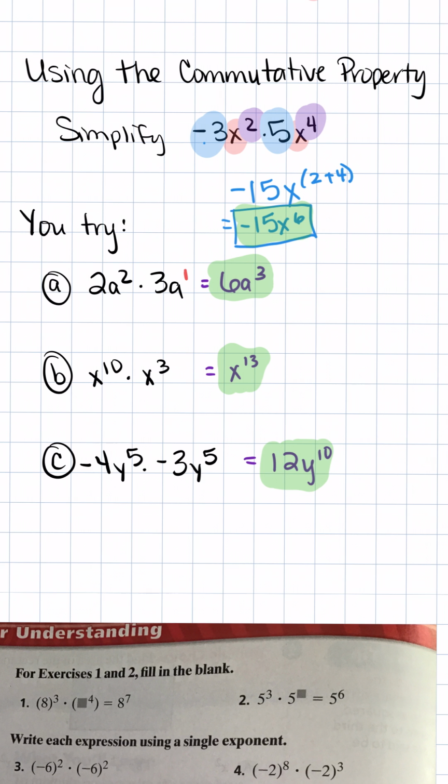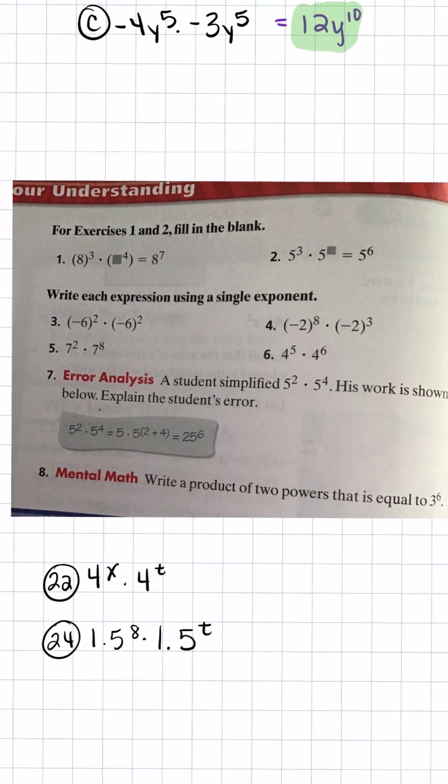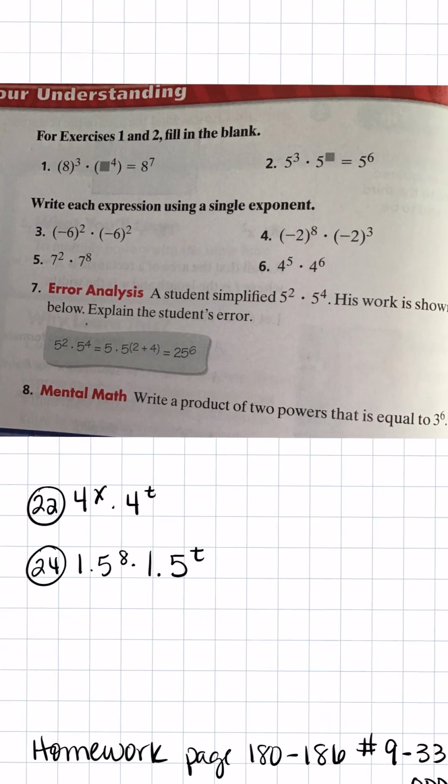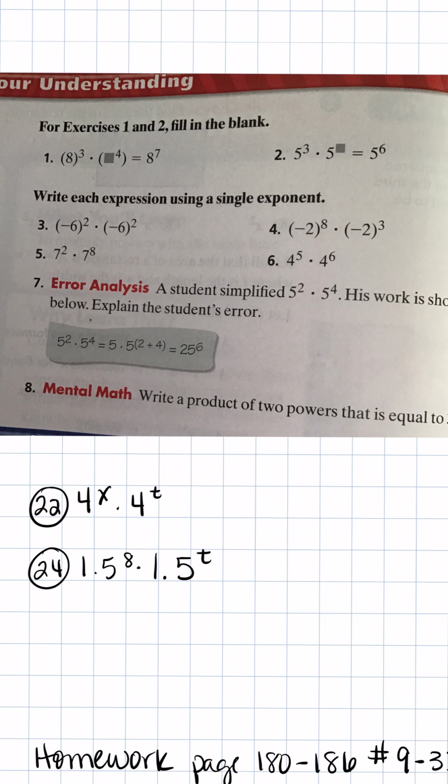Let's look at checking our understanding. Our first one here, filling in the blank. If we know that 3 plus 4 equals 7, they have to have the same base. So therefore the missing number is an 8.